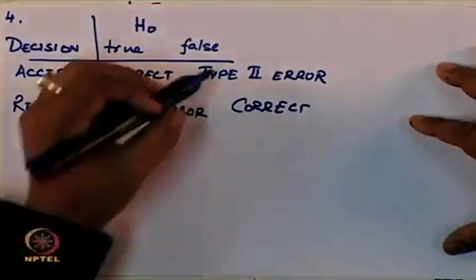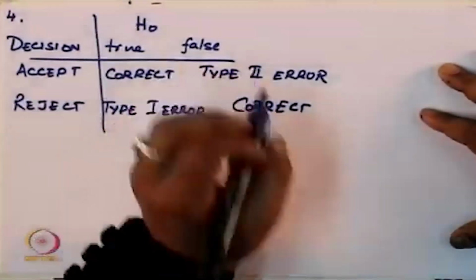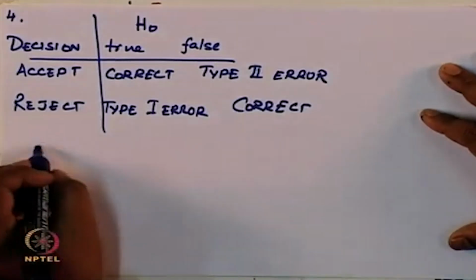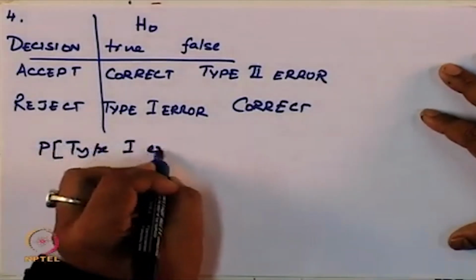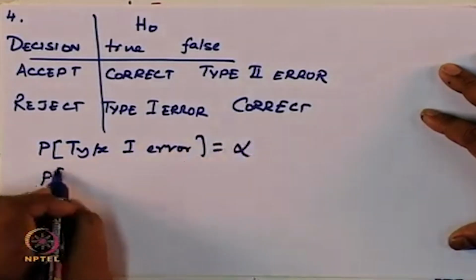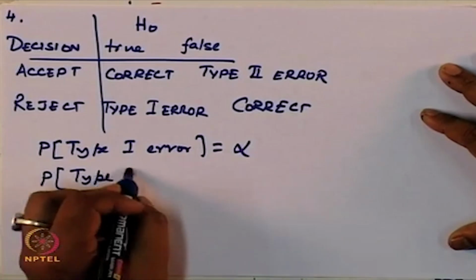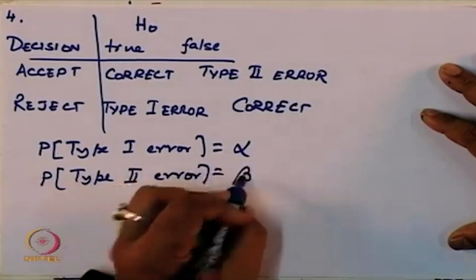So, there are two types of errors you can make. This is your type 1 error and this is your type 2 error. So, the probability of type 1 error is alpha and the probability of type 2 error is beta.